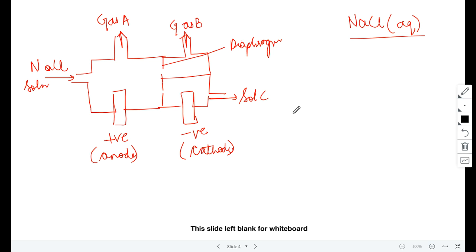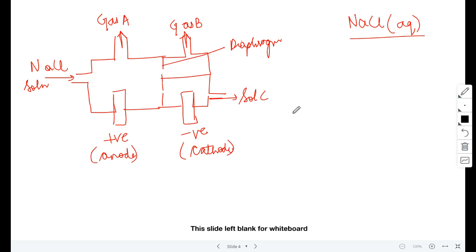The ions from the liquid or the solution move towards the electrode where they react and they cause ionic substances to decompose. This we call electrolysis. So you just have to define that. That means you are supposed to give a definition of electrolysis.